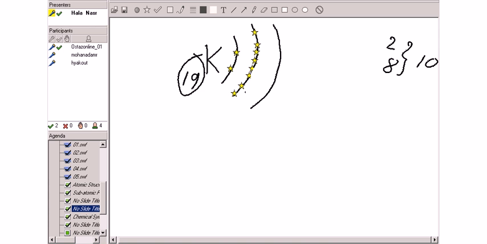How many left to put? We've already put 10, so how many left from the 19? Shall I put the whole 10 on the third energy level? No, we cannot. Very good. How many should I put?